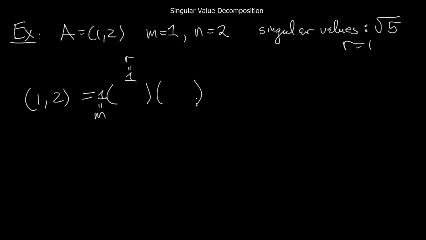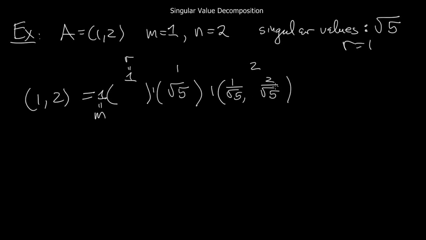And then the matrix on the right had better be R by N, 1 by 2. And, well, it's sort of obvious. This matrix P is supposed to have orthonormal columns, so it's just the identity 1 by 1 matrix. And what do you get? You see that this must be the matrix 1, 2 normalized to have length 1, and that's the answer.